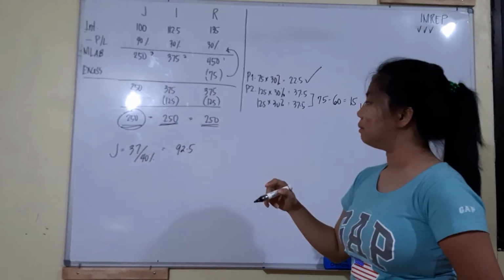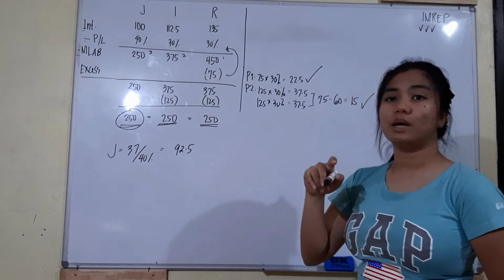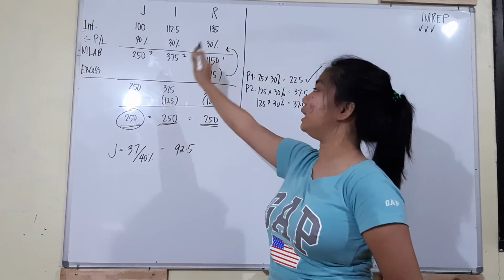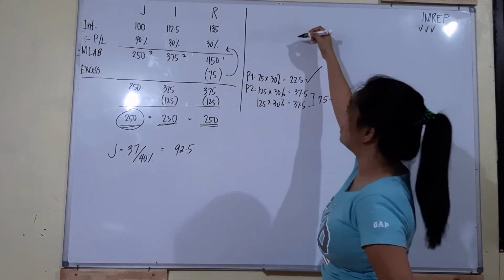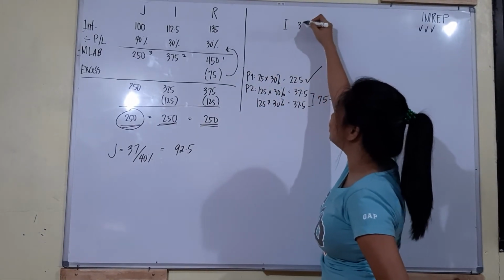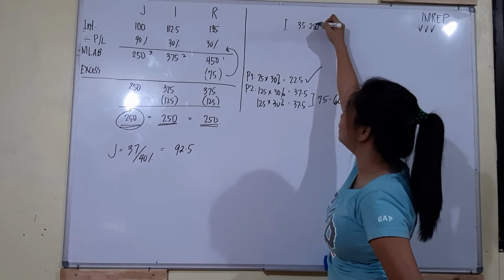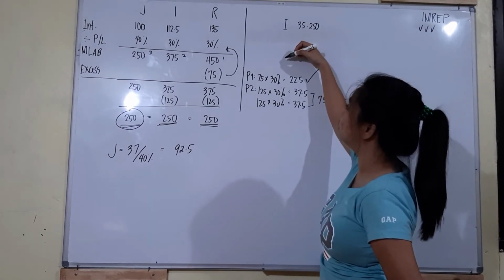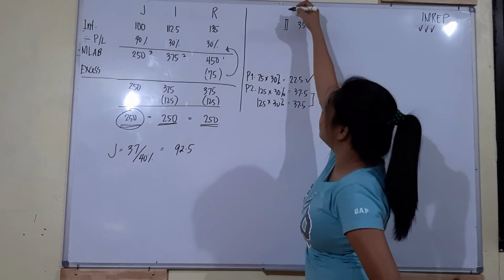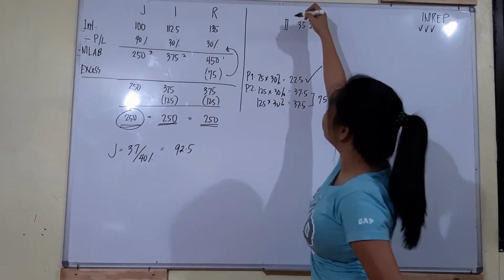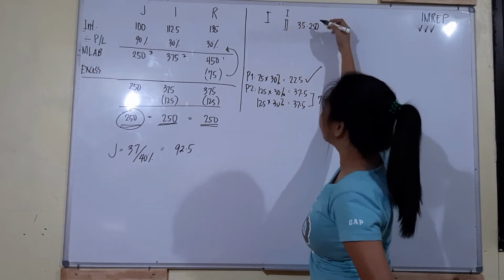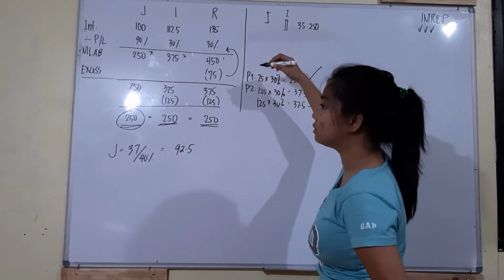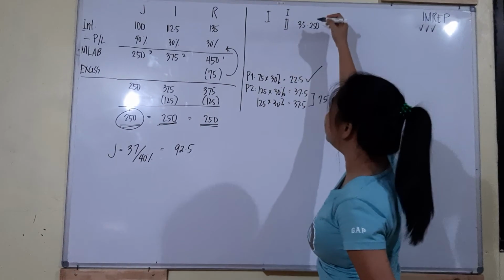Tama? Sabi mo, ang tanong niya, how much is the total cash received by Irene? How much is the total cash received by Ruby? If you can still remember, Irene received 35,250 on the second installment, and on the first installment, this is Irene, meron siyang na-receive kanina, the first installment na magkano? 30,000.